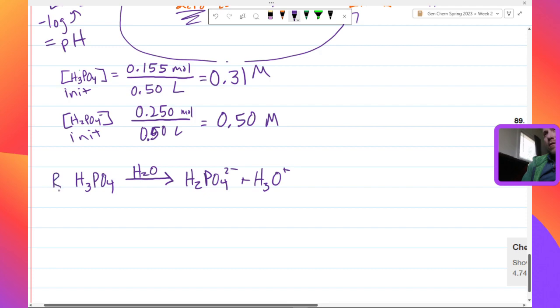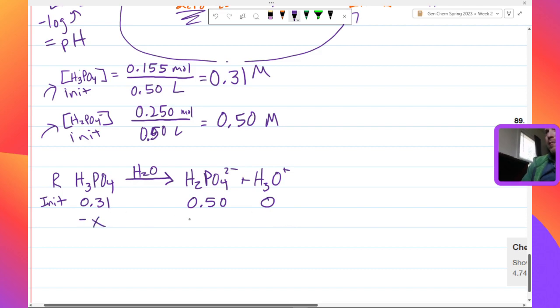And that's our reaction. Our initial concentration, we just figured this out for both of these based on the given information. Our initial concentration is 0.31 molar and 0.50 molar, and we start out with, theoretically, no hydronium.